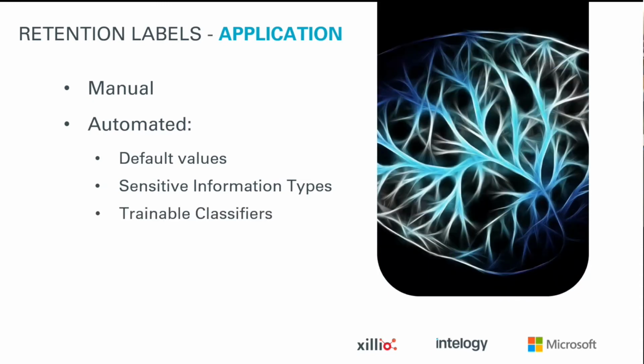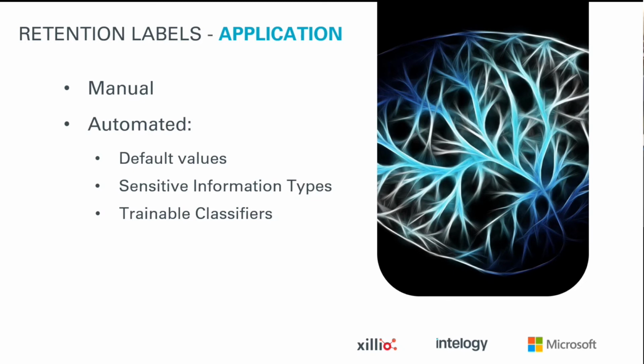The next automated method of applying retention labels that we've got our hands on is the trainable classifier. For those of you who are not familiar with trainable classifiers, I think they're great in certain scenarios. You've got a machine learning based application of retention labels. What you need to do is train them with, I think, 50 minimum positive examples of a type of content.